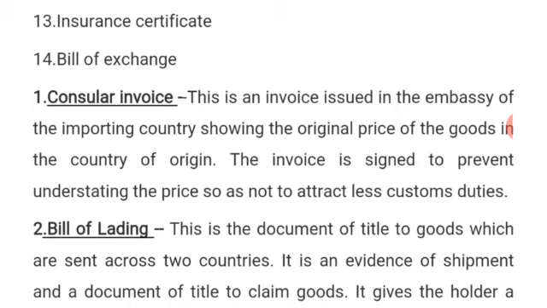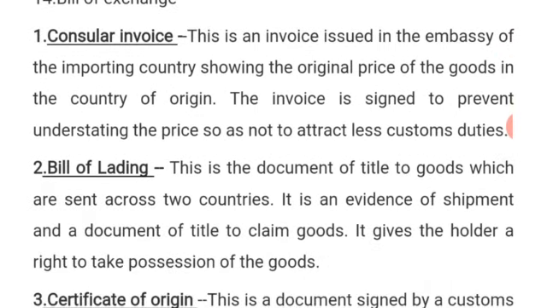For example, in West Africa, we have some countries who are in the same association, and we have some who are not in the same association. If the goods are coming from countries that belong to the same association as the importing nation, it will attract less custom duties.